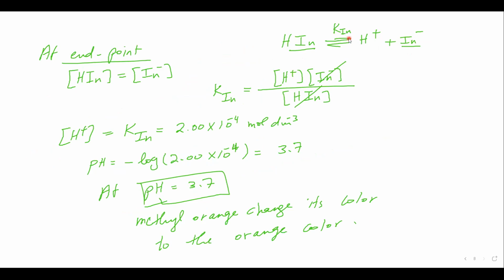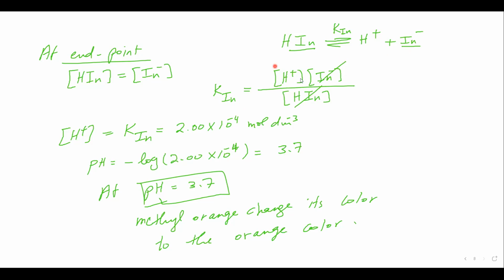At a certain point, the concentration of HIN is equal to the concentration of IN negative, which means that if we substitute in the expression of the K indicator, it is equal to the concentration of H positive times the concentration of IN negative over the concentration of HIN. So when both are equal, they cancel.